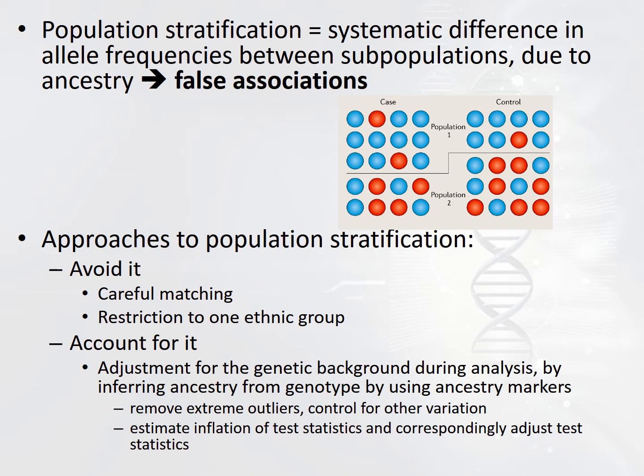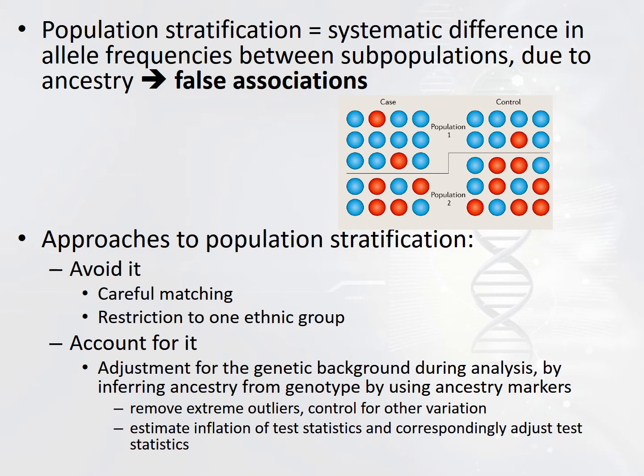So, for example, if you have an overrepresentation of those subpopulations in the case versus control, or vice versa, it can lead to false positive associations that are based solely on ancestry and not necessarily on the association with the disease.